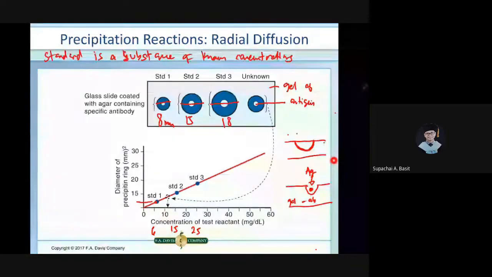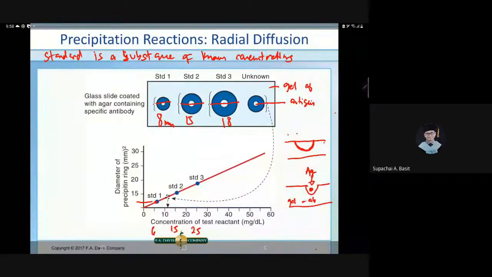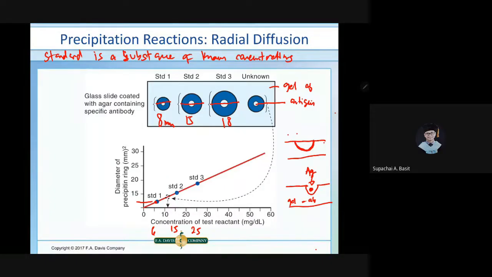Standard number 2 measures 15 millimeter, so we place it here, and its concentration is also 15 milligrams per dL. Standard number 3 is 25 milligrams per dL and it measures 18 millimeter, so we place it here.